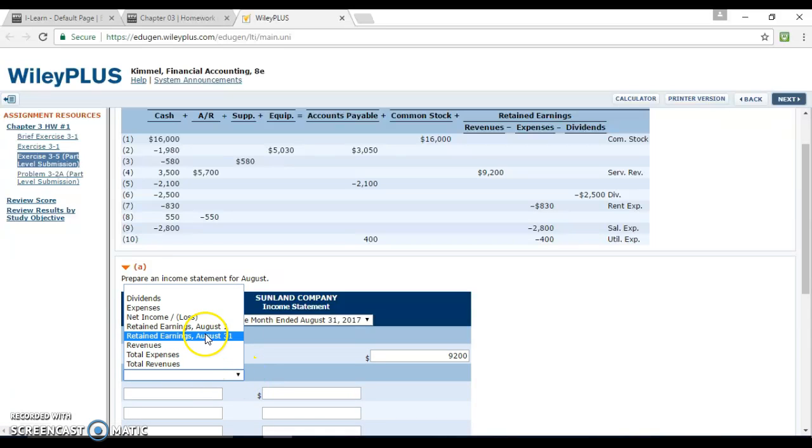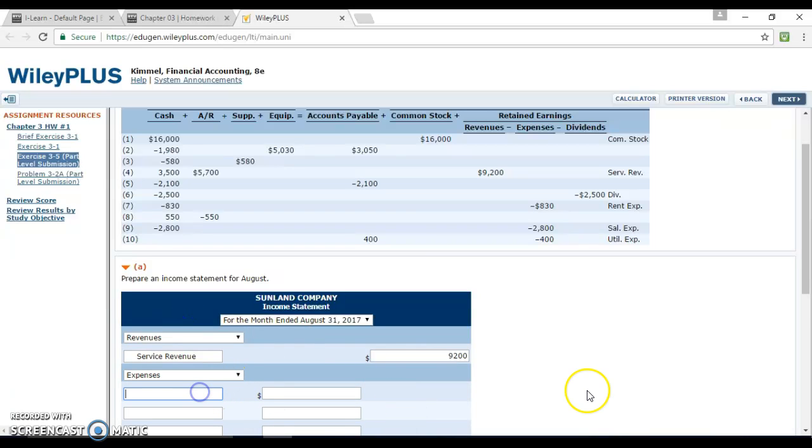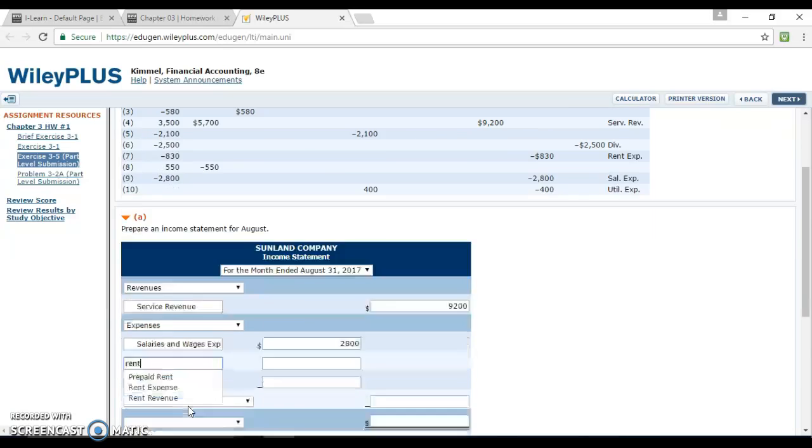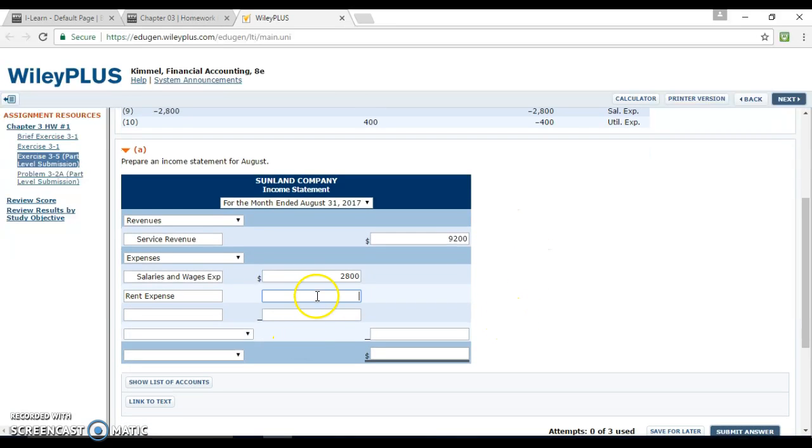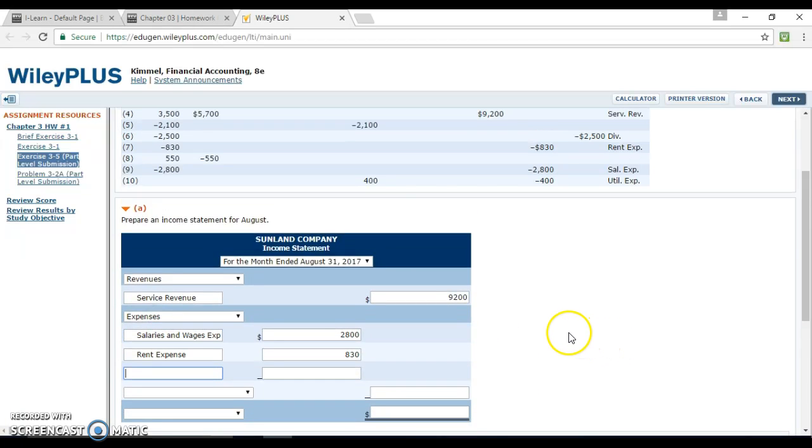Next, we need to do expenses. Our first expense, we've got a salaries and wage expense of $2,800. We have rent expense of $830. And we have utilities expenses of $400.